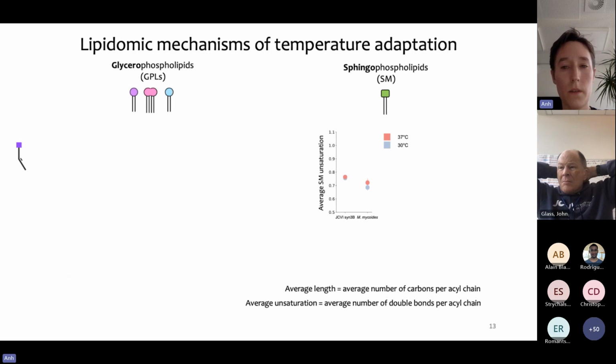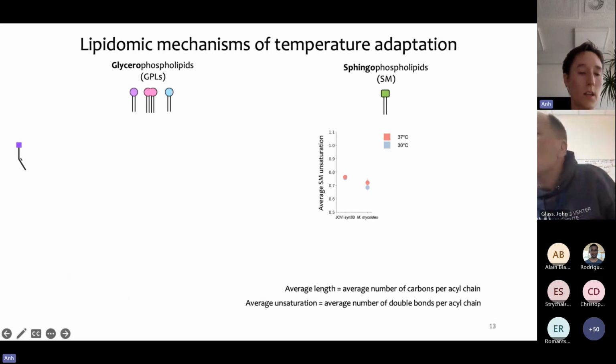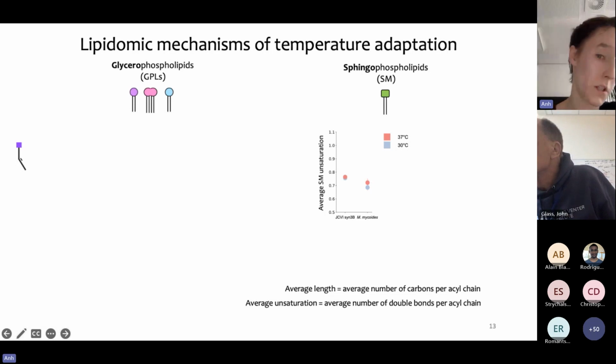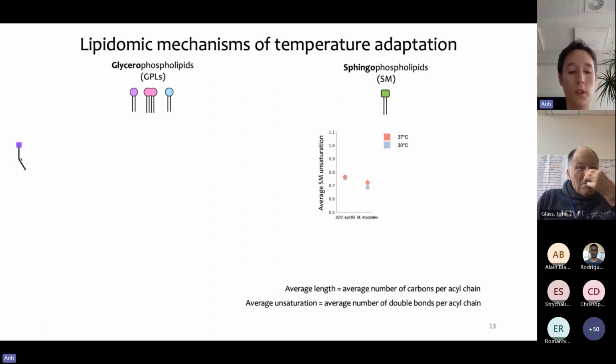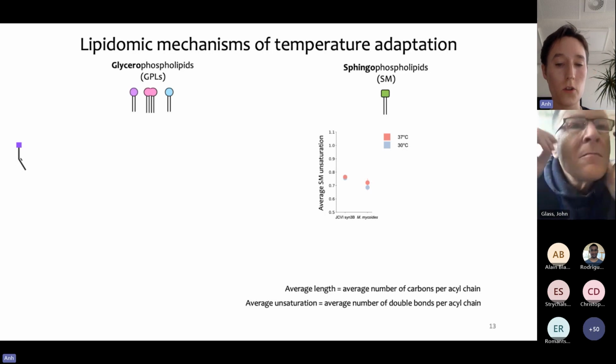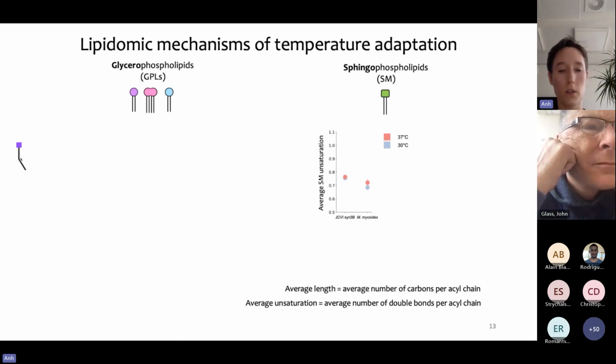If we first start with unsaturation, namely the number of double bonds per acyl chain, and we talk about the average acyl chain features, meaning that I am not showing you the entire detailed distribution of double bonds and chain length in these phospholipids, but rather calculating an average unsaturation and length per acyl chain and showing you the aggregate number.